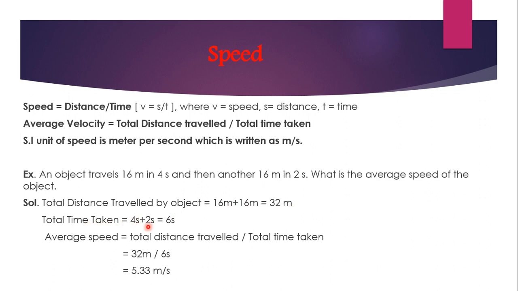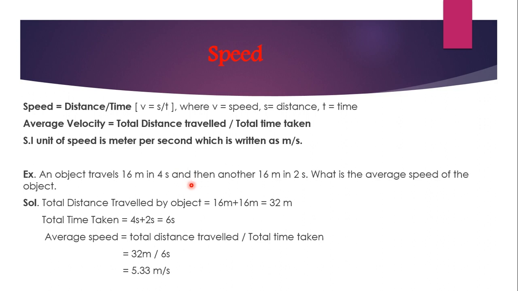Total time taken is 4 seconds plus 2 seconds, which is 6 seconds. Average speed is total distance traveled divided by total time taken, that is 32 meter divided by 6 seconds, which is 5.33 meter per second, the average speed of this object.